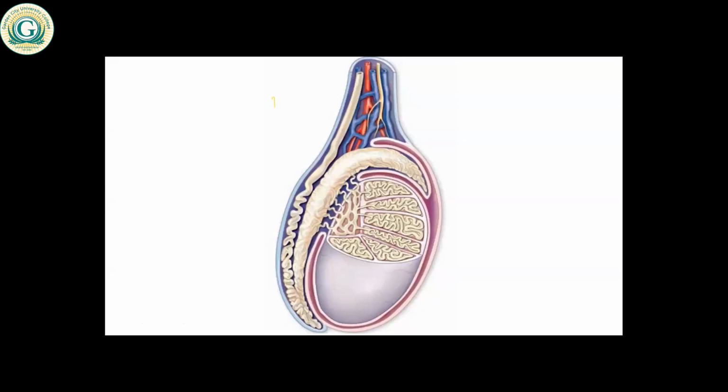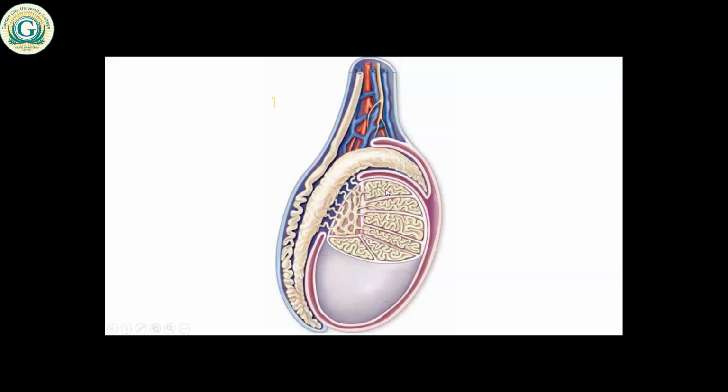Sperms are produced in the seminiferous tubule. From the tubule, they move to the straight tubule, rete testis, and then efferent ductus, and then they move and save themselves in the epididymis. I'm taking that again. Seminiferous tubule, straight tubule, rete testis, efferent ductus, and epididymis.